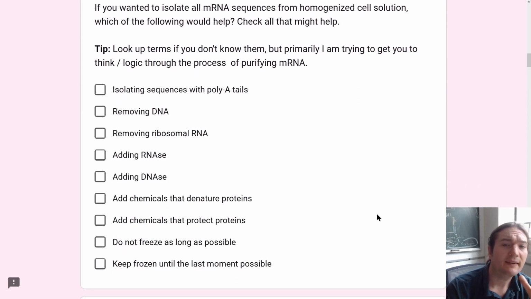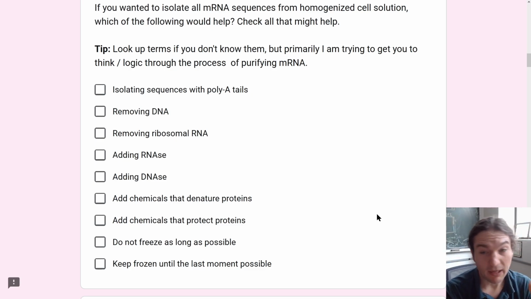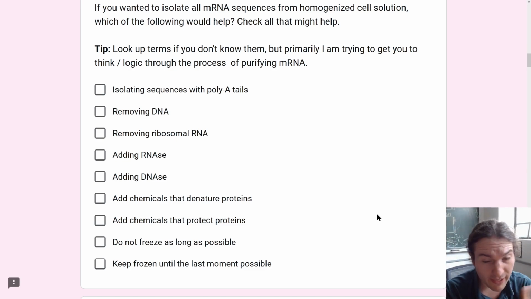If you wanted to isolate specifically messenger RNA from a bunch of lysed cells, that's going to be proteins and carbohydrates and fats, as well as other nucleotides such as immature messenger RNA. It's going to have ribosomal RNA. Definitely got to get rid of that because that is a huge amount of the RNA. And of course DNA as well.